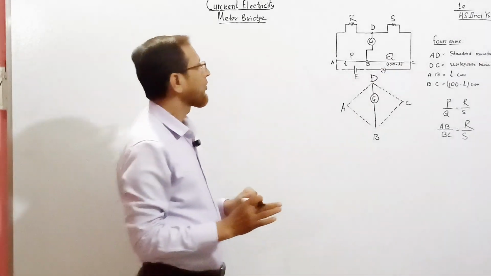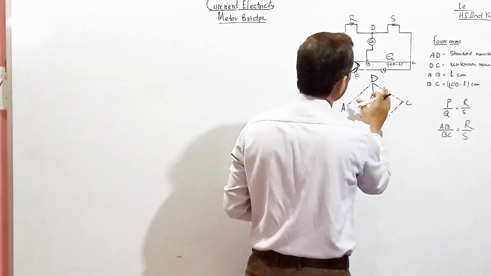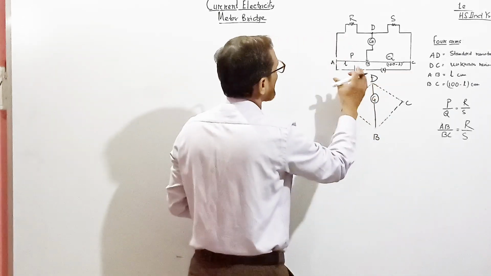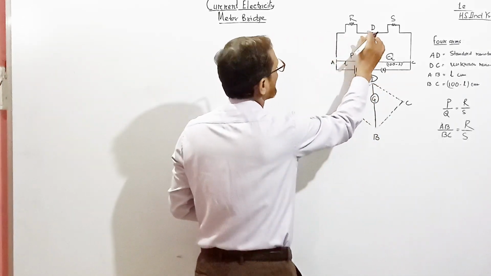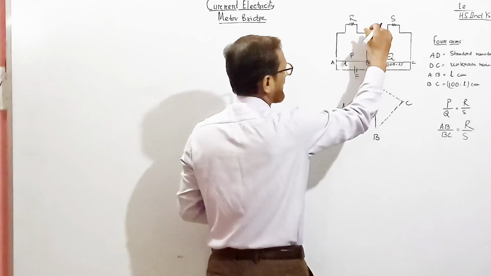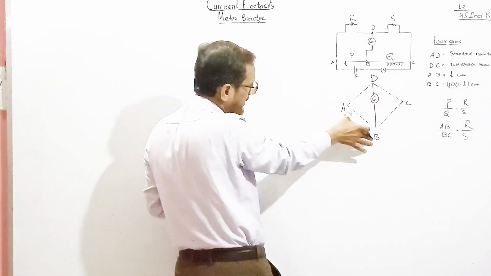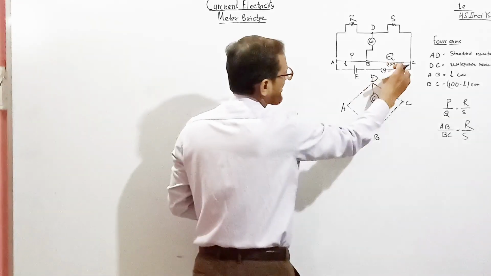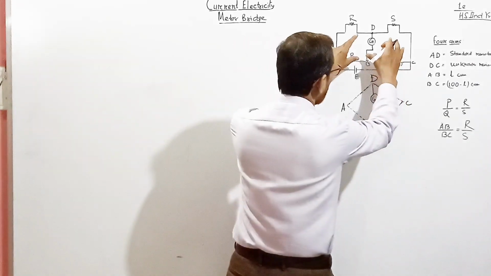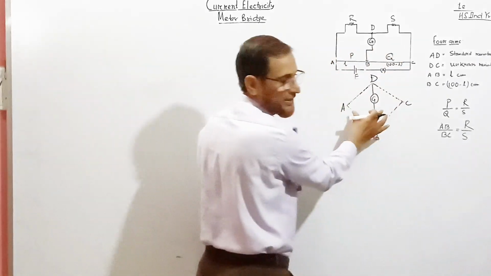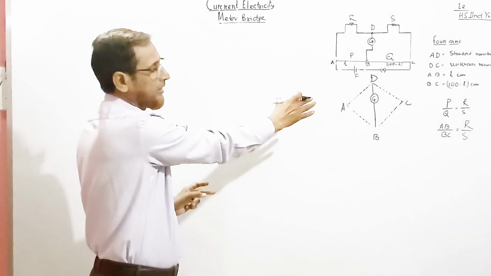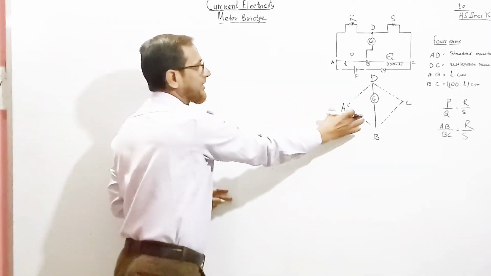Am I right? Now the four arms may be arranged in this way. A and D is one arm, D and C is another arm, A and B is another arm, and B and C is another arm. So this may be represented in a simple way, as a part of the Wheatstone bridge, like this.